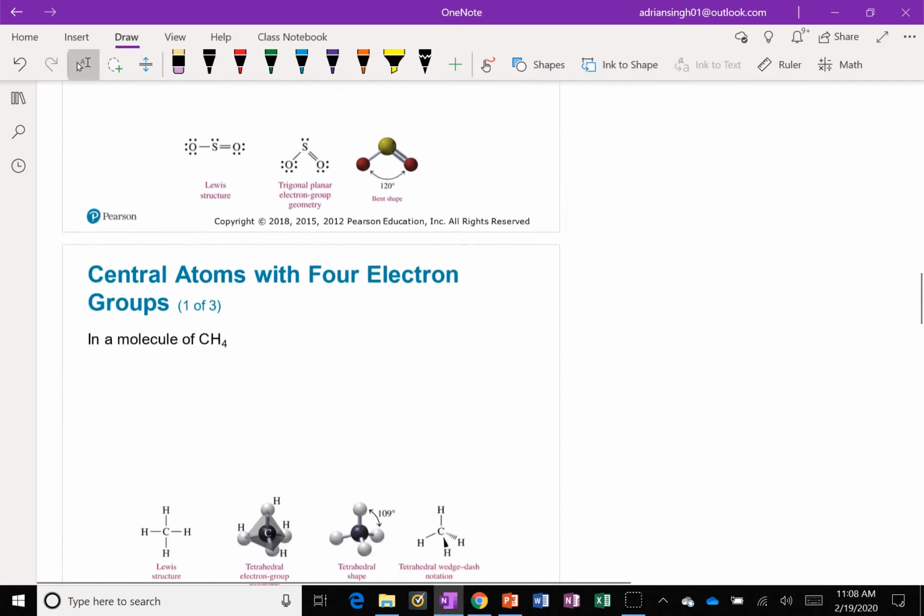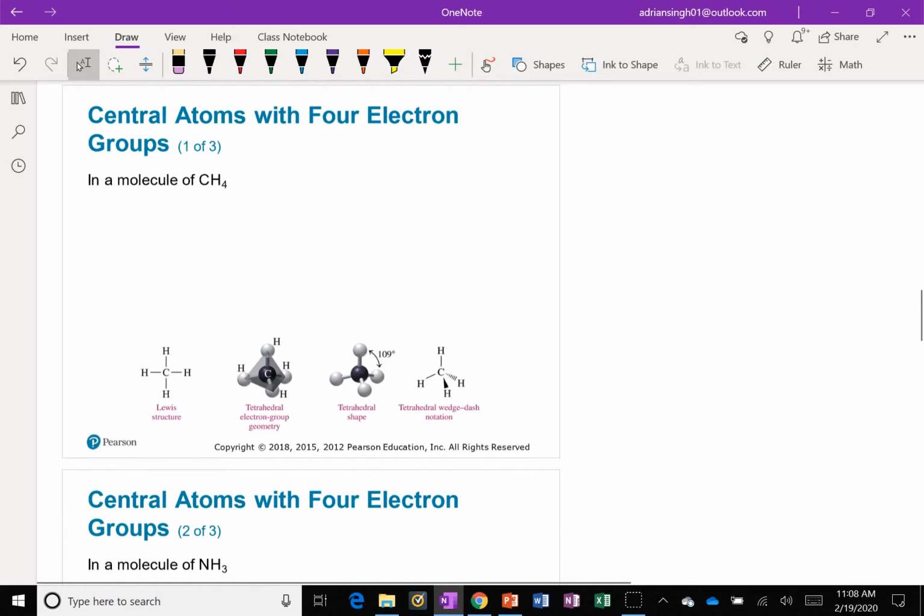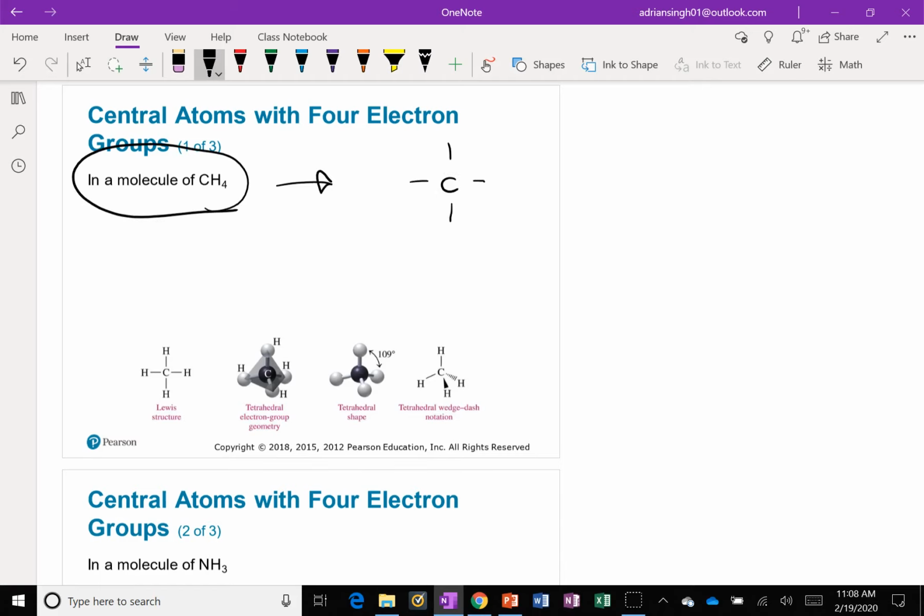If we jump down here to a central atom that has 4 electron groups associated with it, we looked at CH4 before. We actually drew the Lewis structure for CH4, and we drew it to look like this. It's in your notes. We went through this one together. So here we have a central atom with 4 things around it. How does that look when you drew it on your page? It looks kind of flat, right? But the true shape of methane is anything but flat.